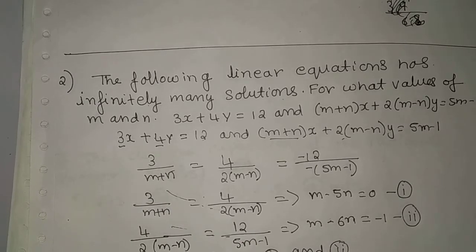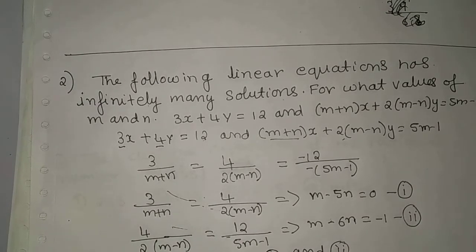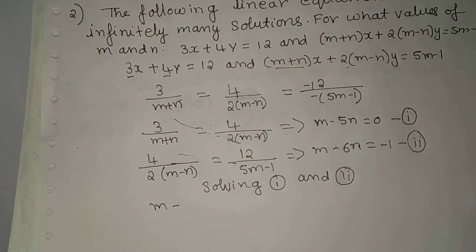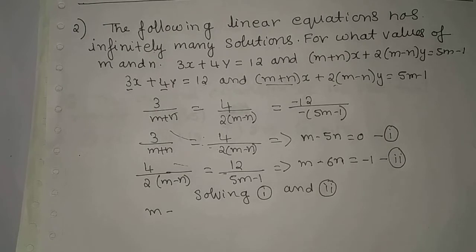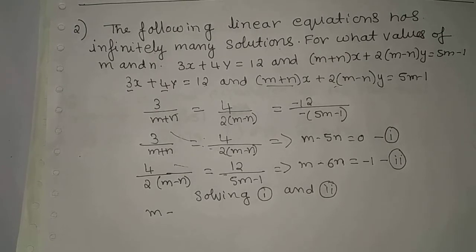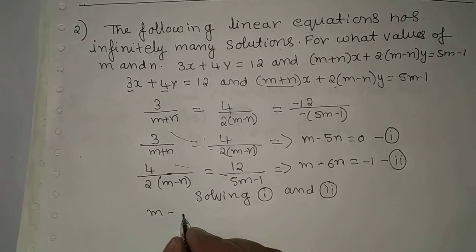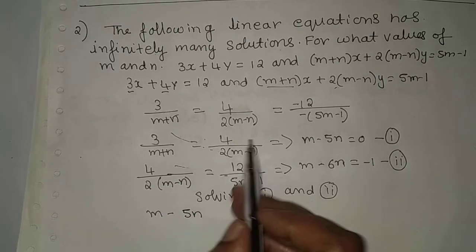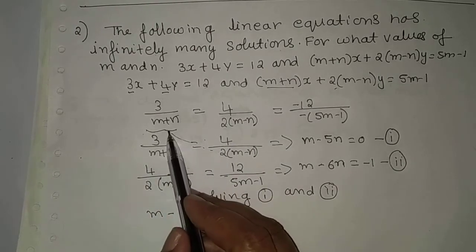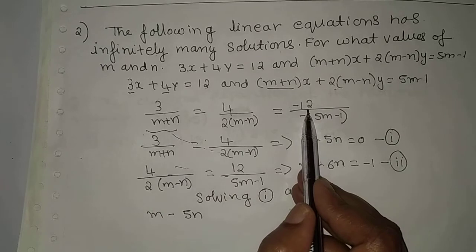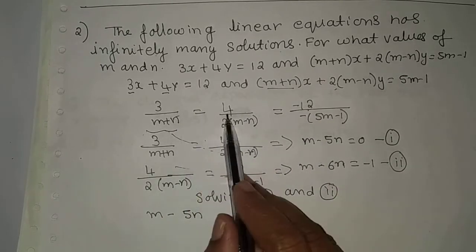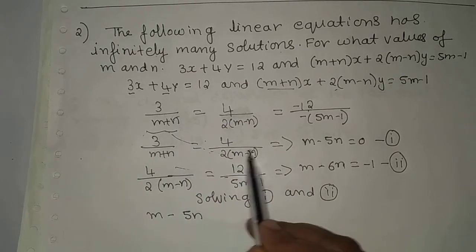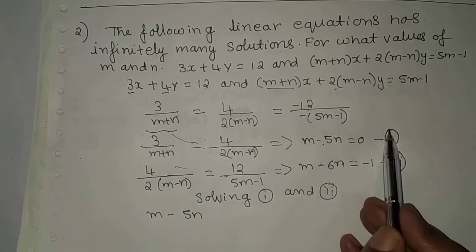So take equation 1, that is m minus 5n. First we took 3 by m plus n and 4 by 2(2m minus n), cross multiplied, and got equation 1.